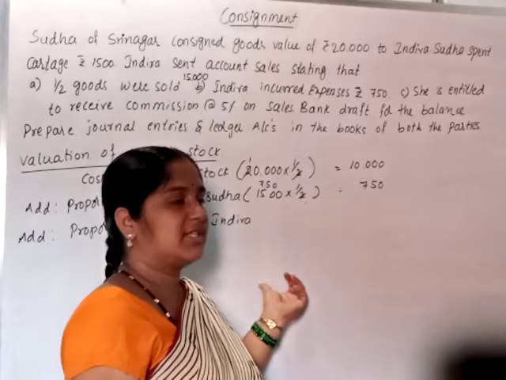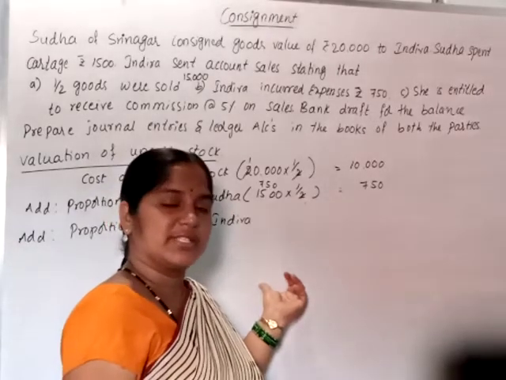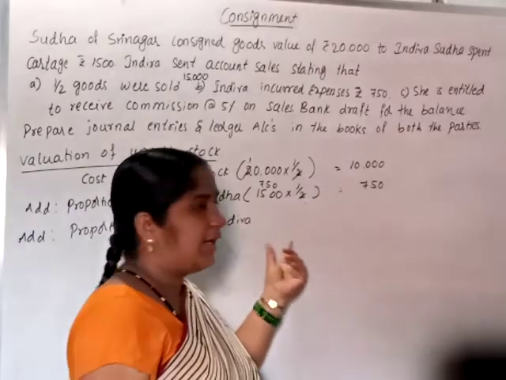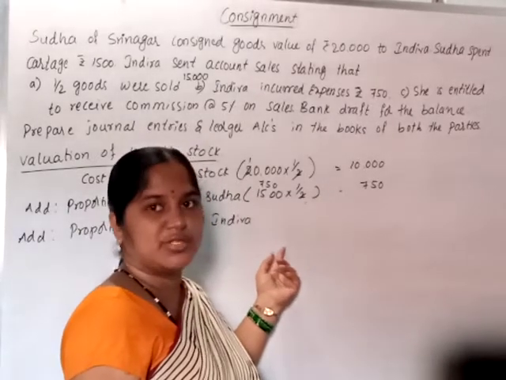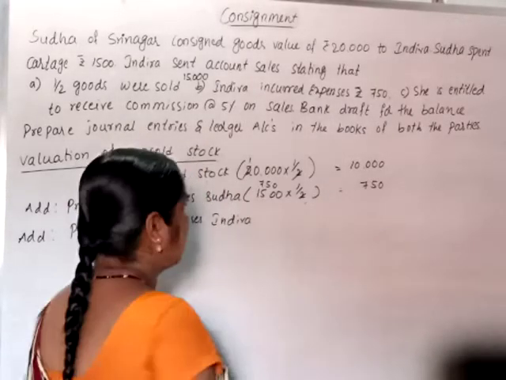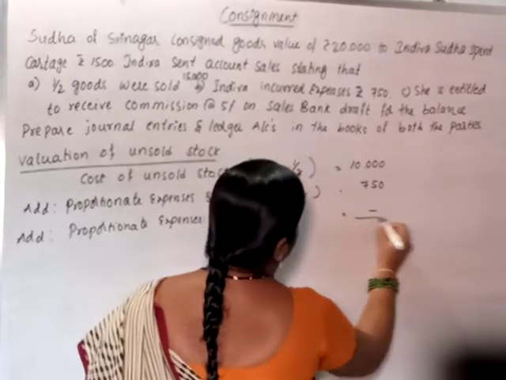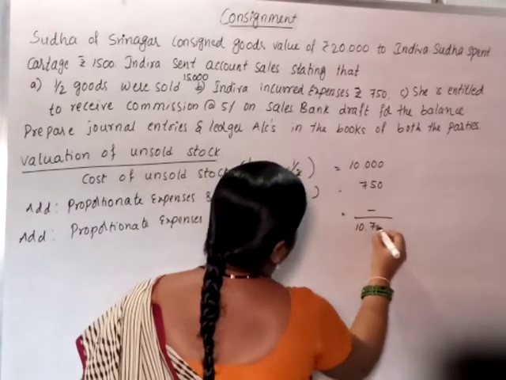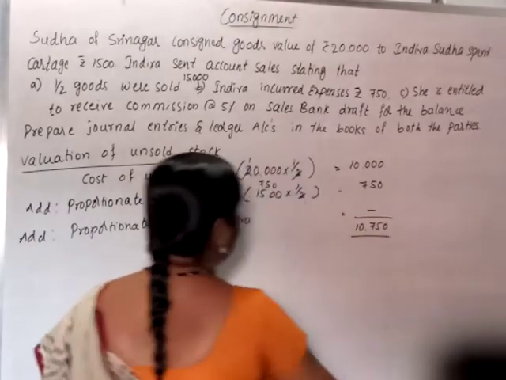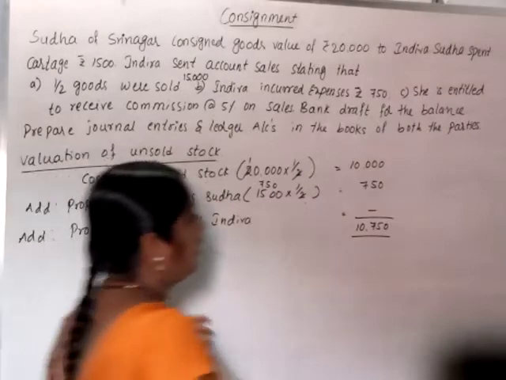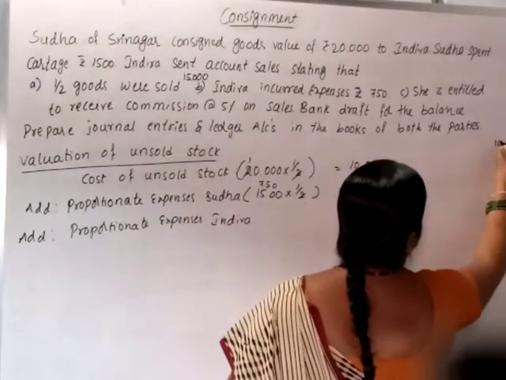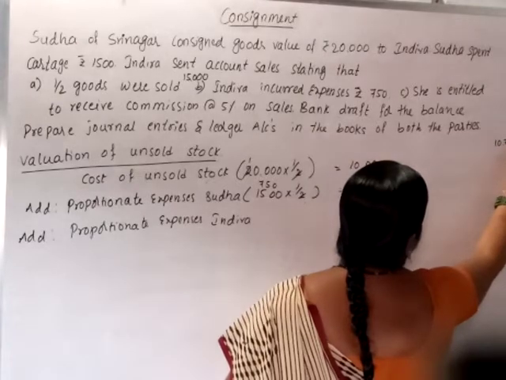In that case you treat it as a recurring expenditure only. When calculating the unsold stock, recurring expenditure of the consignee should not be considered, so no value we have to take here. So what is the unsold stock now? 10,750. So 10,750 is the unsold stock.